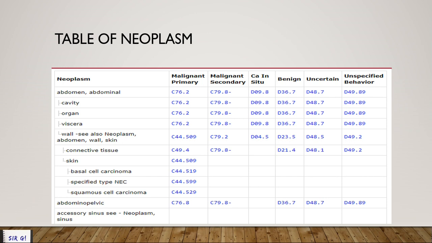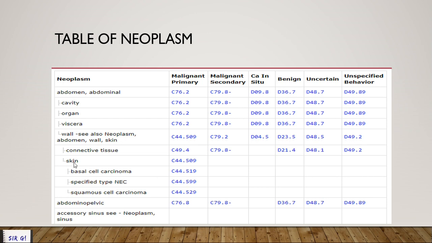Next, the unspecified. Most of the time, unspecified is when there is already confirmation of malignancy, or confirmation of benign neoplasm, but unfortunately they weren't able to specify what type. Remember this one. When you go to your skin, you have three different types: your basal cell carcinoma, specified type, and squamous cell carcinoma, and there's a separate code for each.